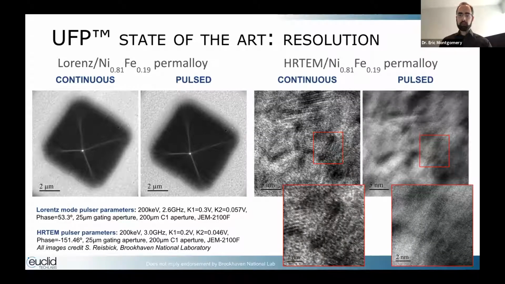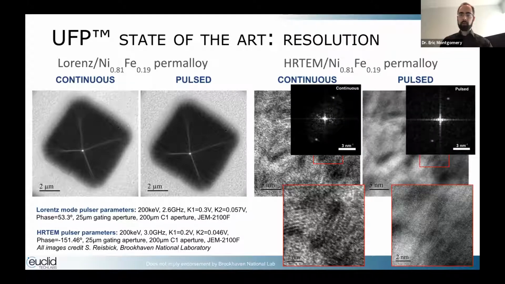In high resolution, and these images are also credit to Spencer Riesbeck and Yimei Zhu's group at Brookhaven, in the continuous mode you can see the lattice fringes, and in the pulsed mode, although you can see that there is a slight difference in the image, the atomic resolution is there, and in the Fourier spectrum, the key features are certainly preserved.